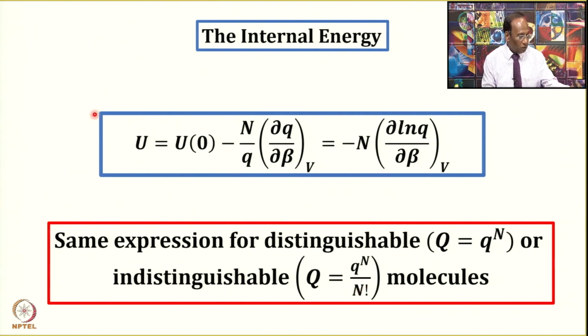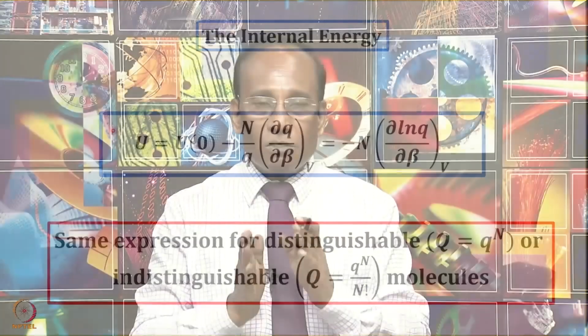The expression turns out to be the same. So what are the points to be noted? First we need to identify whether the molecules are distinguishable or indistinguishable, and use the appropriate definition for the canonical partition function, which, at least for internal energy, shows that in both the cases the expression turns out to be the same.